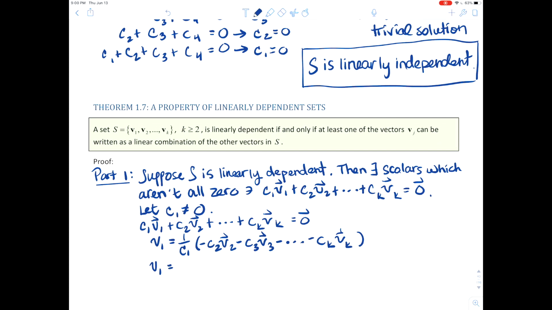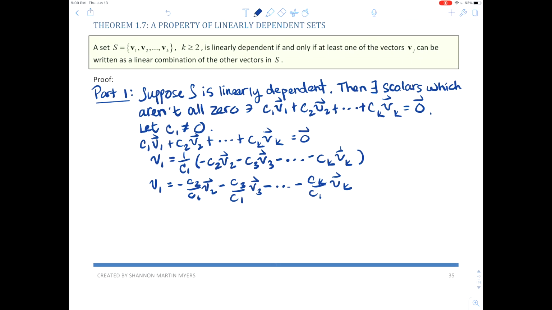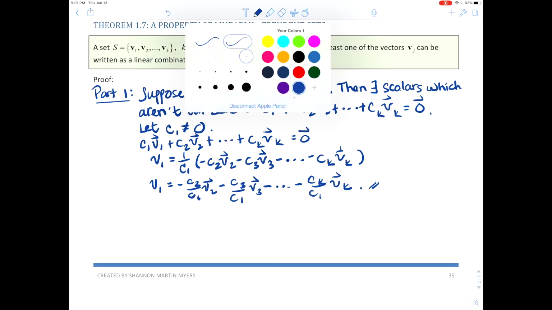V1 is negative C2 over C1 V2 minus C3 over C1 V3 minus ... minus CK over C1 times VK. And isn't that a linear combination of the other vectors in the set S? Cool, cool.